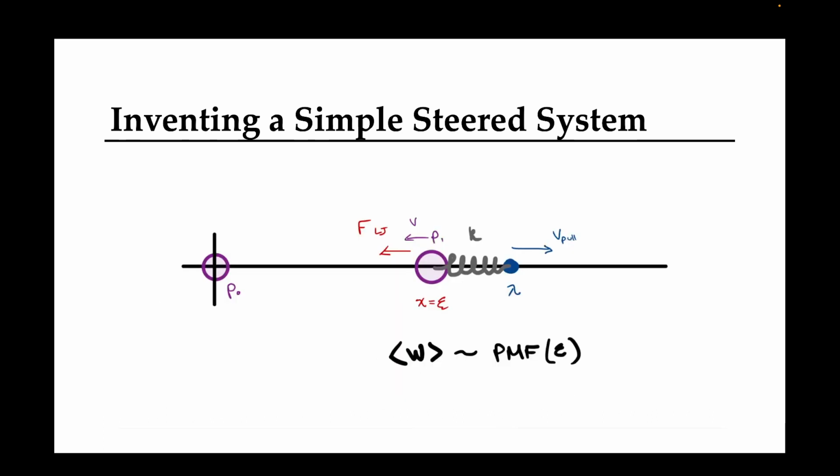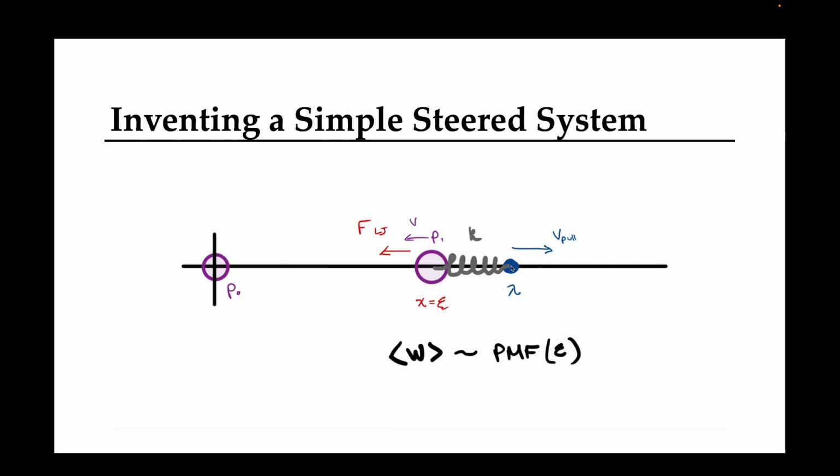So here's a picture. And this picture can sort of help you to understand what we're talking about here, right? So here's our P0, here's our P1. And we give P1 an initial velocity, right? And we set it at a location x, which in our case is equal to psi. And P1 feels a force due to P0, that Lennard-Jones potential force. We're also going to have a point, lambda, that we move at a rate v pull.